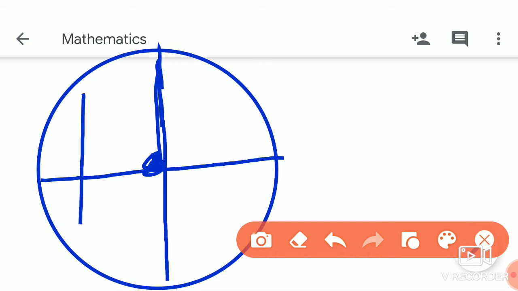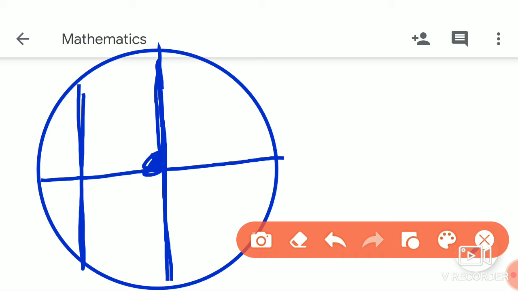First, you tell me, which is the chord over here? Can you see a chord in the circle? Is this a chord? First tell me what a chord is. We just discussed it. Yes, any line segment with its endpoints on the circle is a chord.